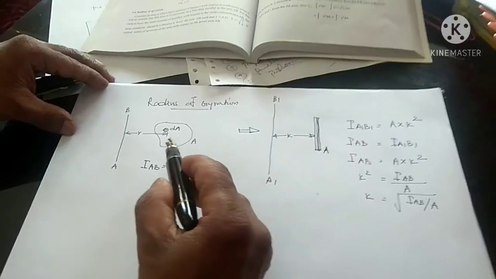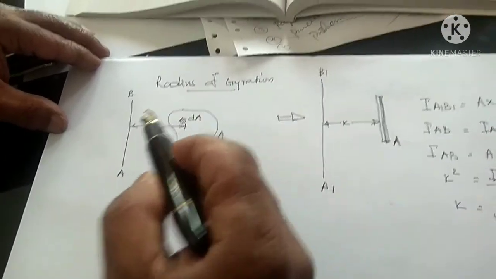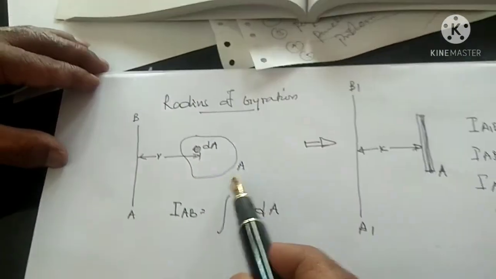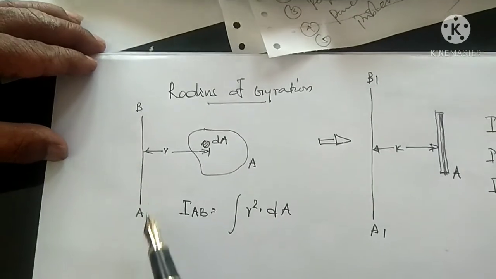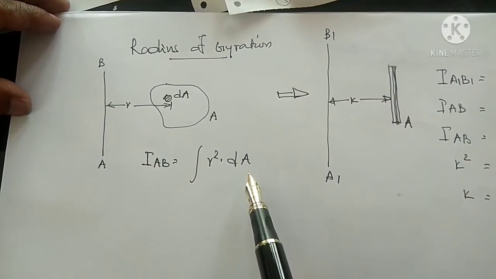Let me explain radius of gyration once again. We are having an area, and the moment of inertia of that area about the reference axis AB is IAB, equal to integral r square into dA.